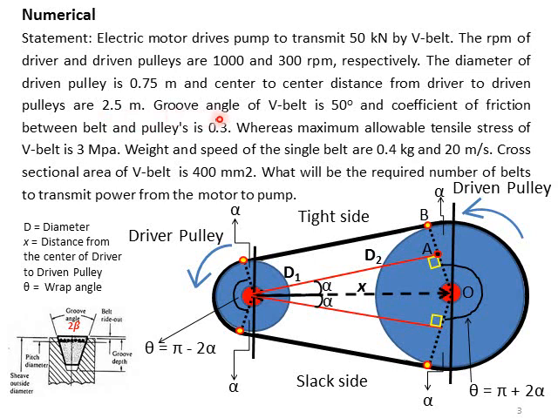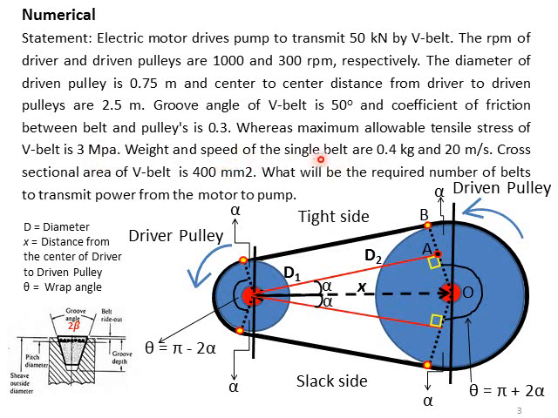Similarly, the groove angle of V-belt is 50 degree. So this is the groove angle 2 beta. So beta will be equal to half of this, which will be 25 degree, and coefficient of friction between belt and pulley is 0.3. The maximum allowable tensile stress of V-belt is 3 megapascal. If the stress is more than 3 megapascal, then definitely the V-belt will break.